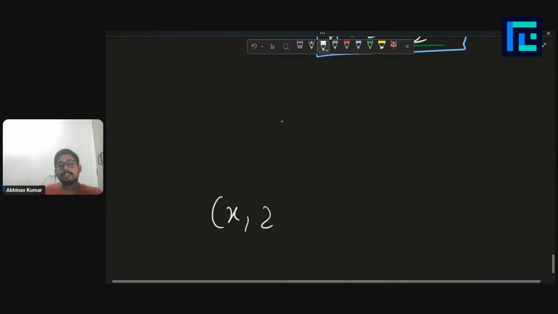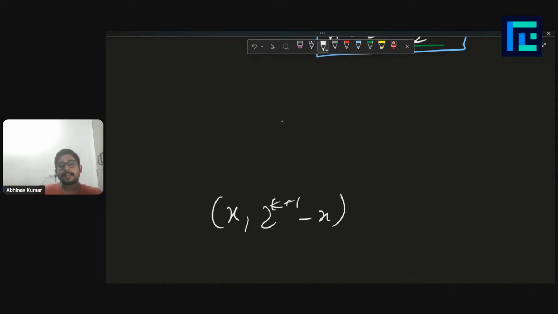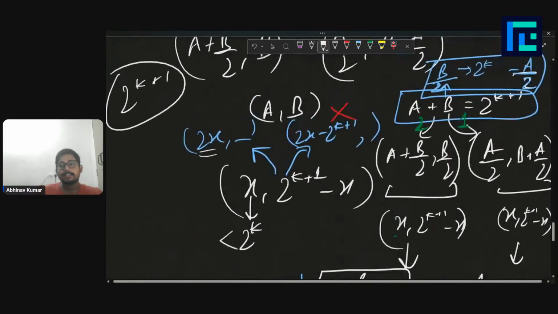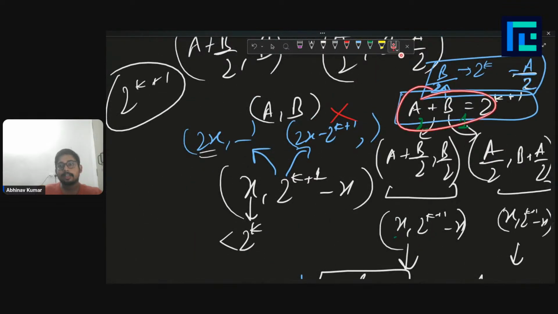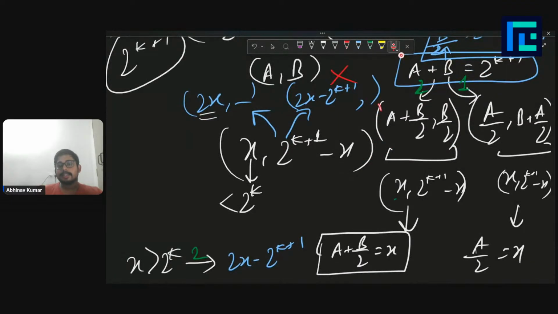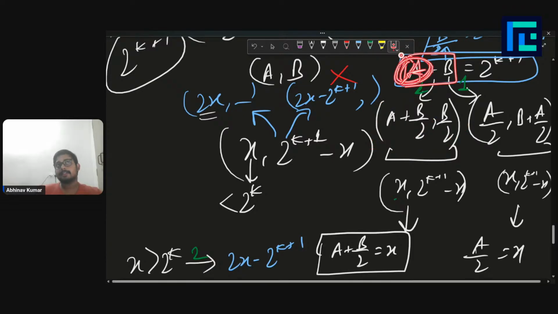If you came to this state x from the first type of operation where you did something like this, that means this is your current x and this a is your previous x before applying the operation.